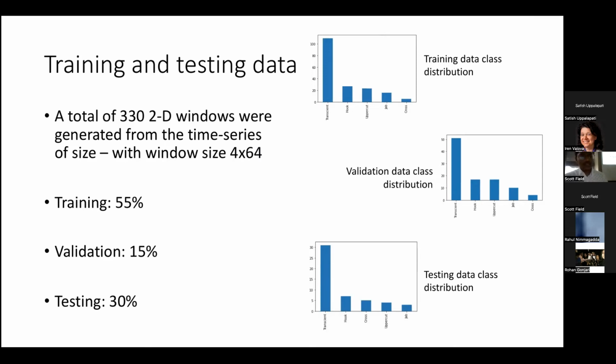I chose the training size to be 55% because, as you can see from the graphs on the right, I have a couple of moves that are very few, so this data is also class imbalanced. SensorNet was also very useful in detecting the classes, even though the data is heavily class imbalanced.